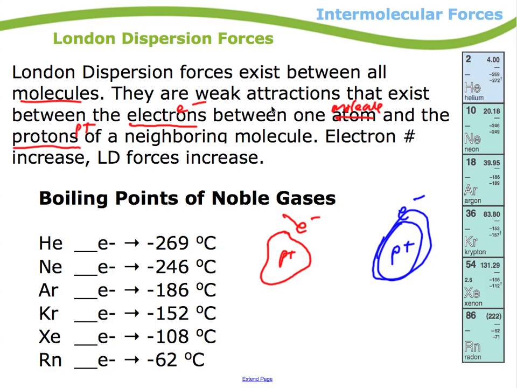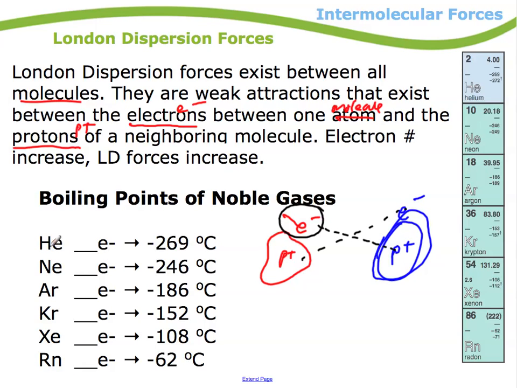So the attractions, or London dispersion forces, are attractions that happen between the electrons of this molecule and the protons of a neighboring molecule. Indeed, there's probably attraction between these protons and the electrons of that molecule too. So they're weak attractions. However, you can see it in one property, boiling point of noble gases.